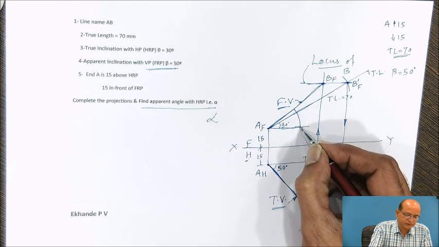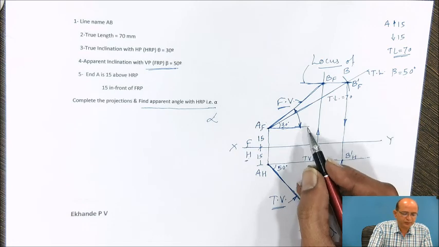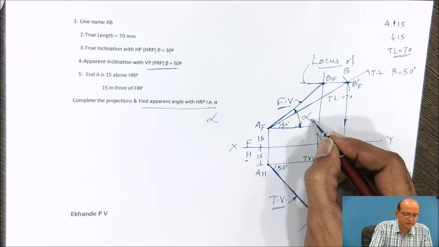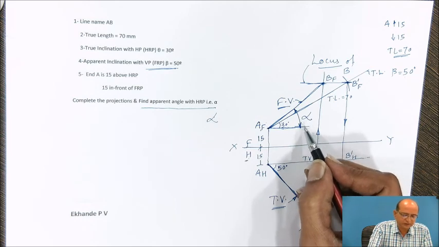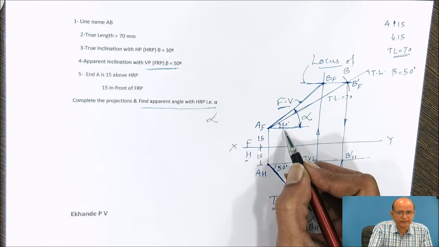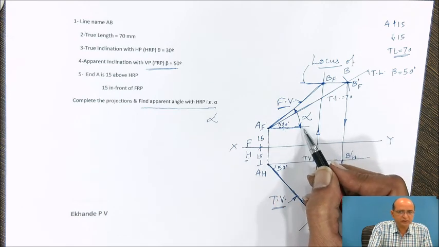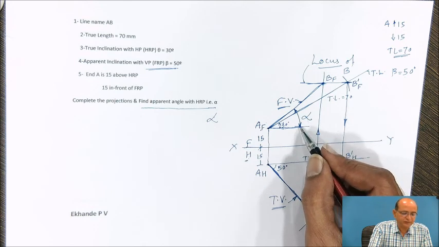So this is the angle of the front view with HRP, alpha. You can have the calculation or measurement. The earlier angle which we showed was the true angle. Now this will be the apparent angle made by the line with HRP.